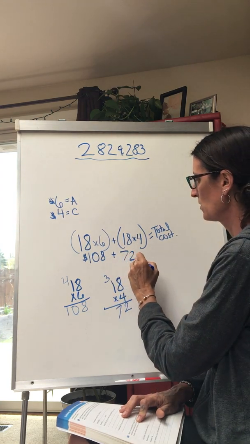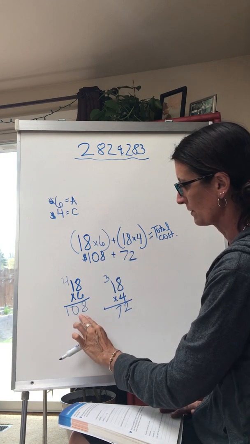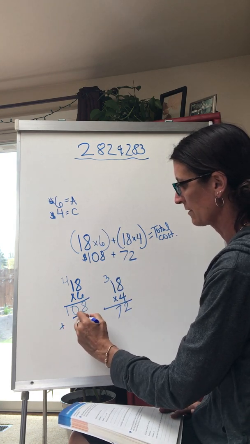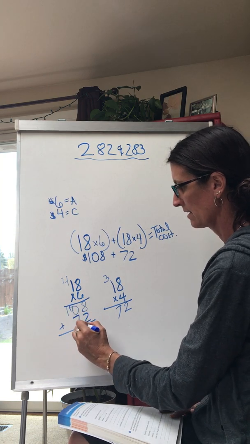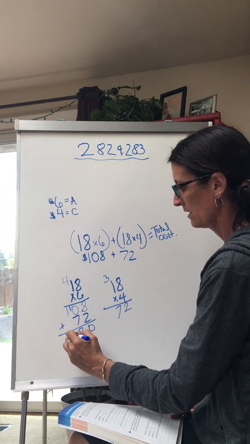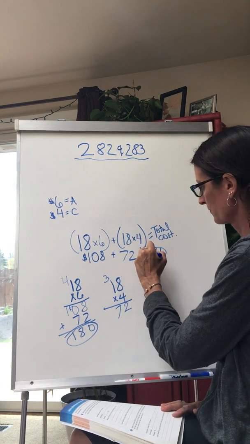So $72. So when I add that 108 plus 72, 8, 9, 10. 7, 8. So the total cost is $180.